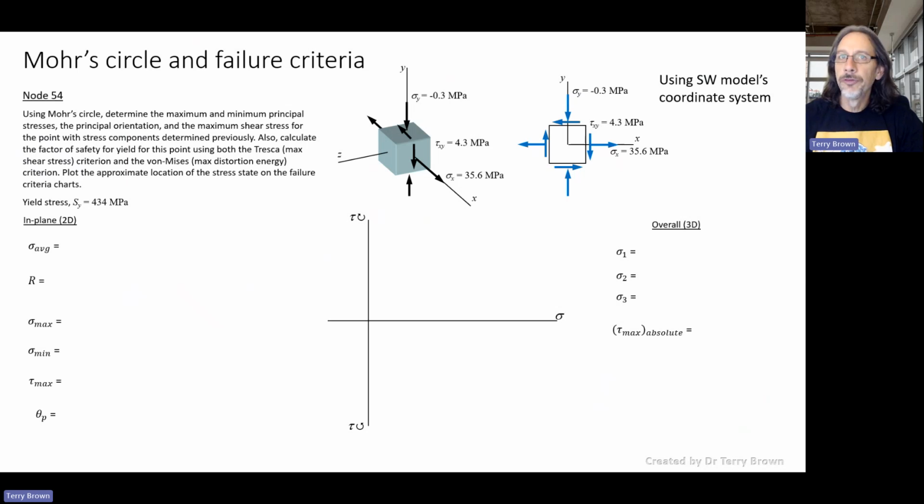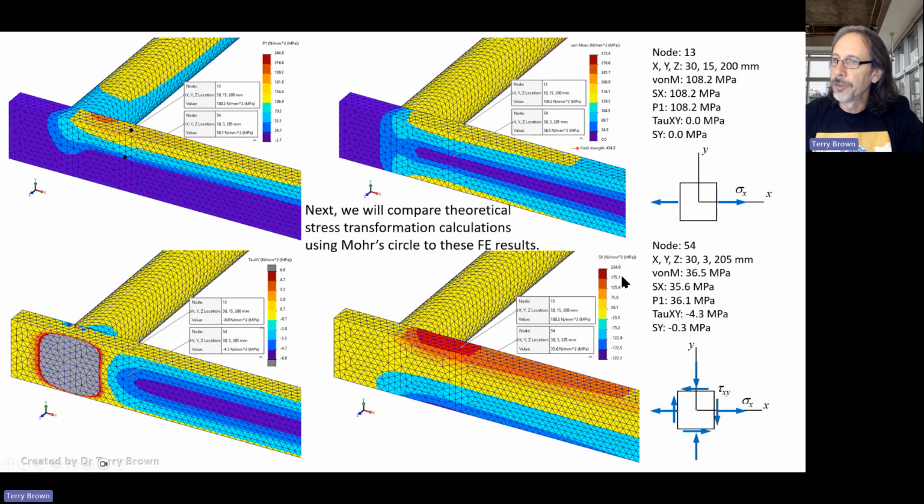So what have I done here? Node 54, let's just go back here and see node 54, which is just one down here. All right, so I've taken a point somewhere on the side of this beam, where we've got both normal stress due to bending, and I've used X so it corresponds to the SolidWorks coordinates rather than the theoretical coordinates that we're using from the MOT example.